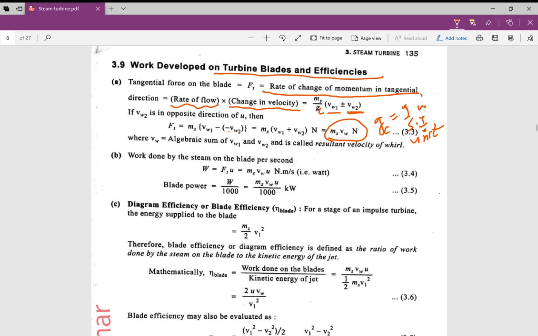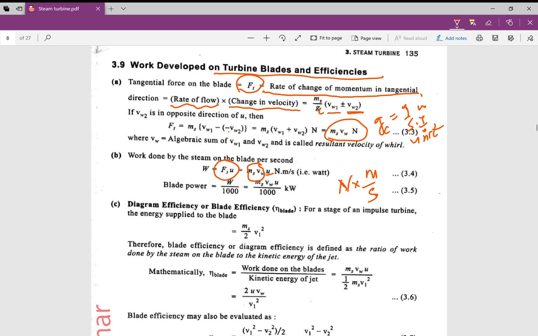Right, now work done by the steam on the blade per second. Per second means this tangential force Ft is multiplied with the blade velocity u, and you can check the unit. For this whole one we got Newton, and this is u, so Newton, and the unit of u is meter per second.